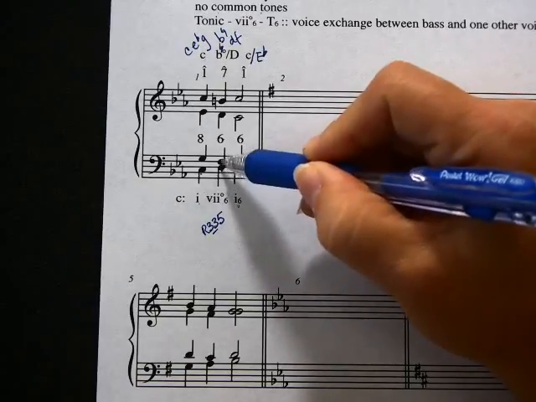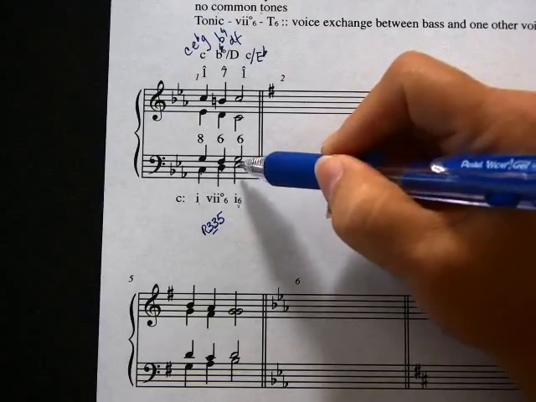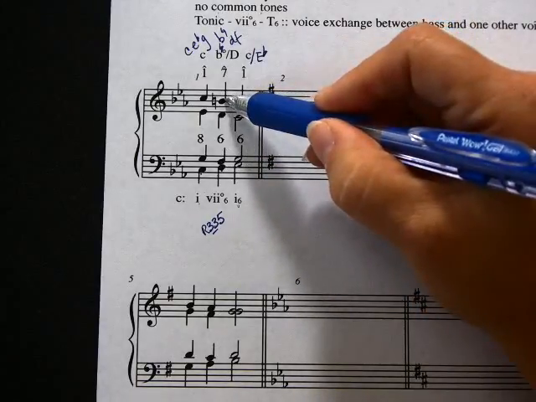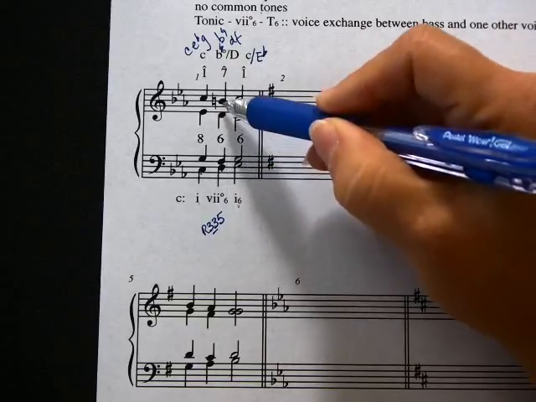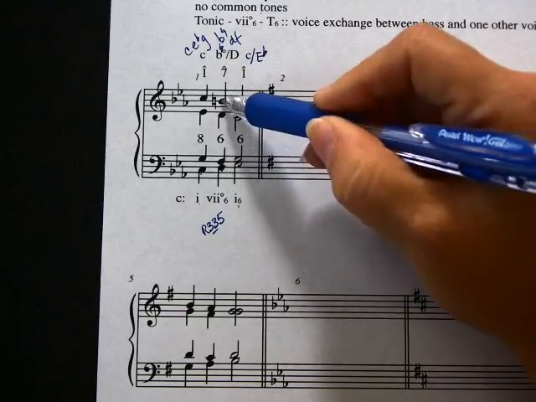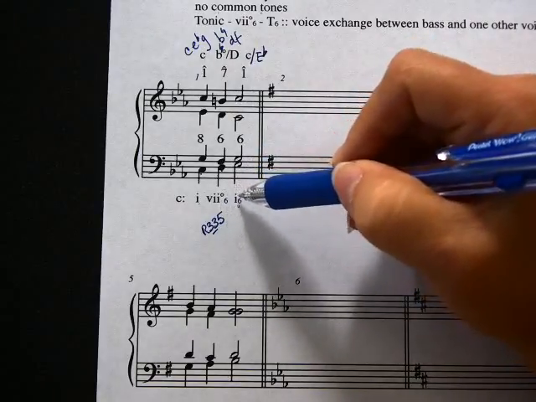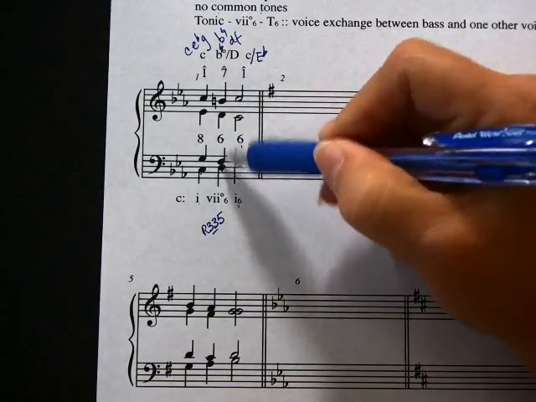D, F, both step up, E flat, G. The B natural, which was a sixth between the bass and the soprano, parallel sixth as the 7 diminished sixth moves to 1/6. D, B, E flat, C.